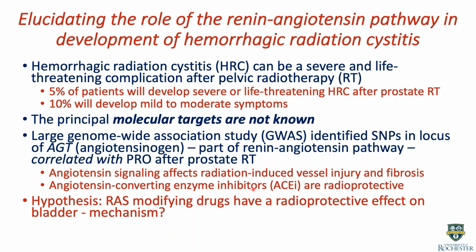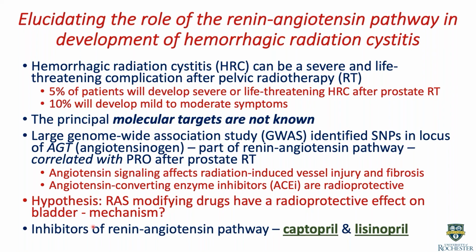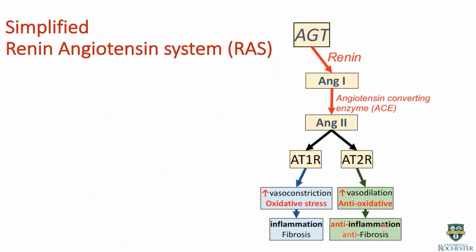So this really suggested that we should be investigating ACE inhibitors in a mouse model to determine the mechanism of action. So we looked at two inhibitors of the renin-angiotensin pathway, captopril and lisinopril. And lisinopril has better bioavailability. So this is our simplified RAS pathway.